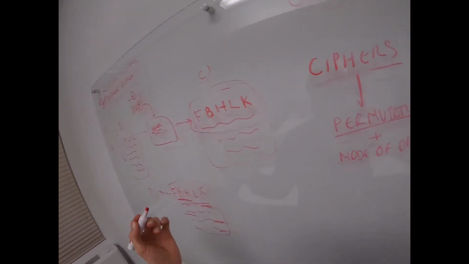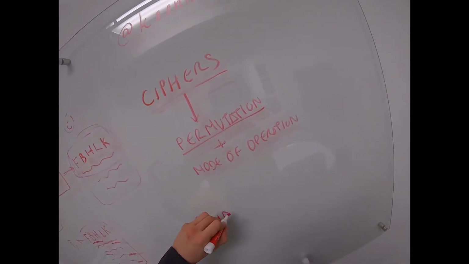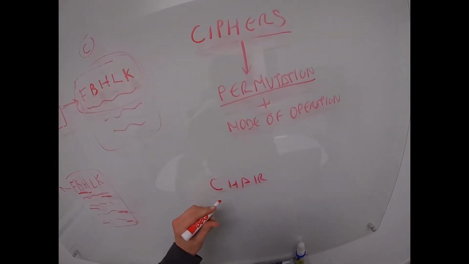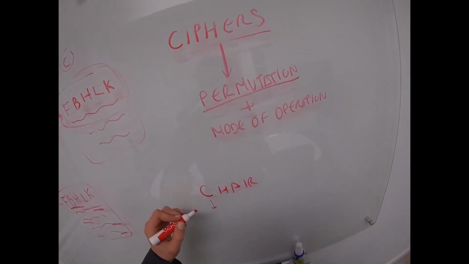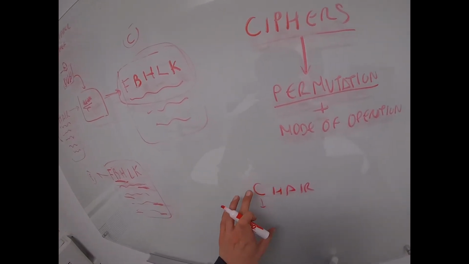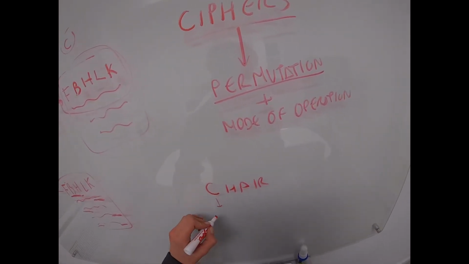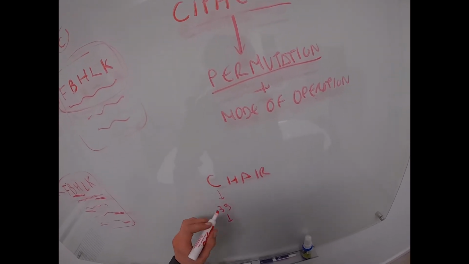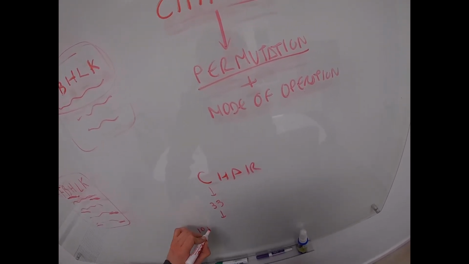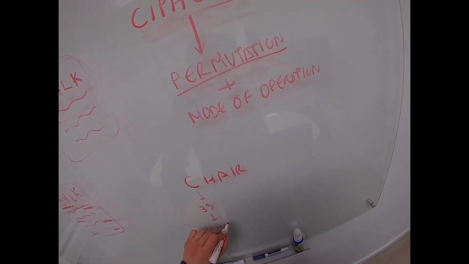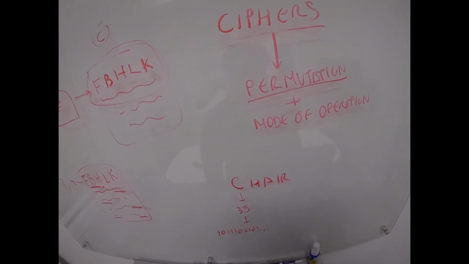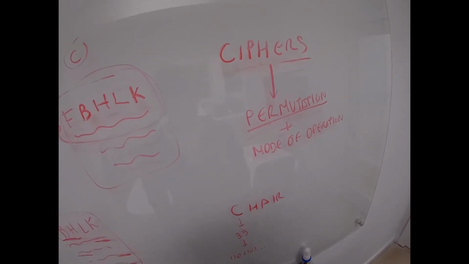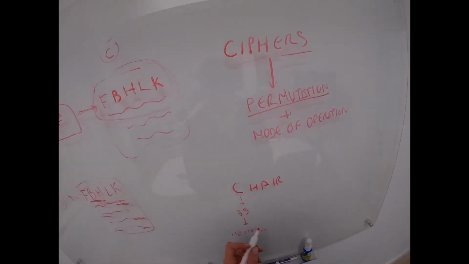So let's see, in a computer, the word chair is basically stored as a number. Now, I don't know exactly what the ASCII code for C is, but let's say it's 33. And then this 33 is stored as 0, 1, 1, 1, 1, 0, 0, 1, 0, 1, etc. Well, maybe it's too big for 33, but I'm throwing random numbers.